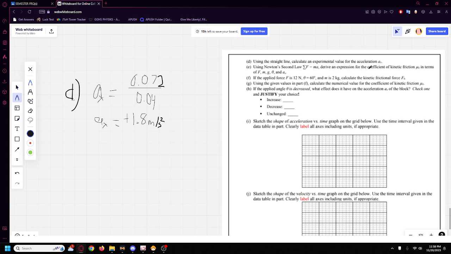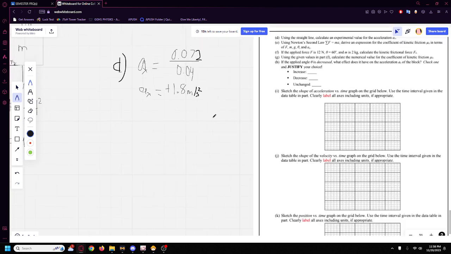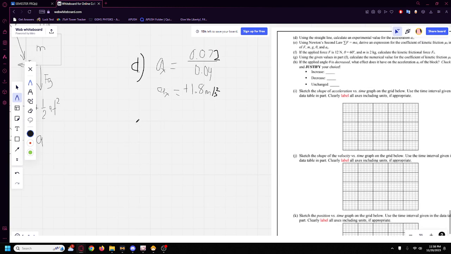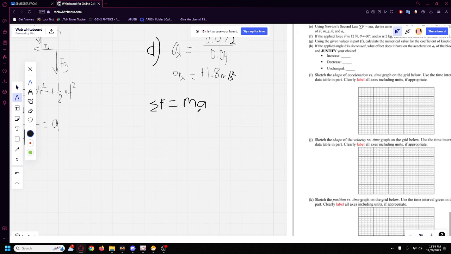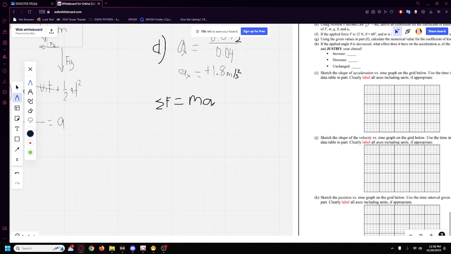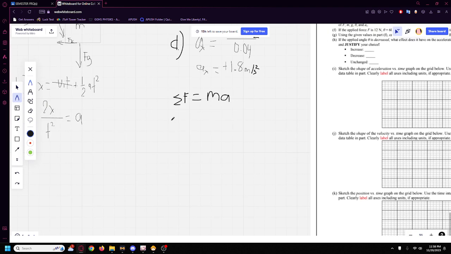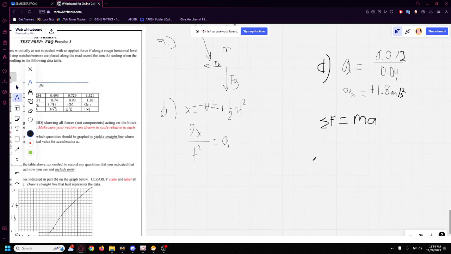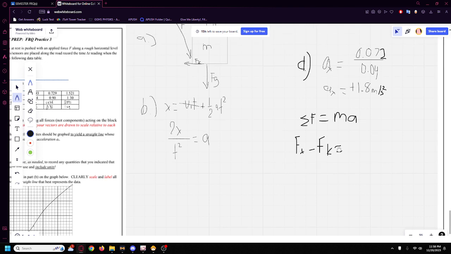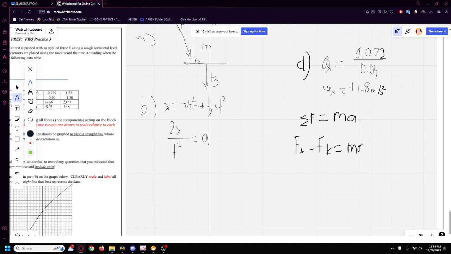Part E asks to derive it for the kinetic friction in terms of Fm. Okay, so net force is equal to MA. We know that A is 1.8, and we also know that net force F is equal to F in the x direction minus Fk, and that's equal to MA.